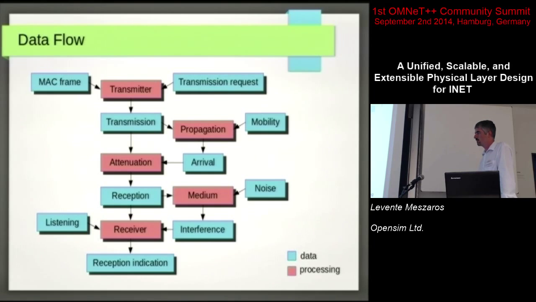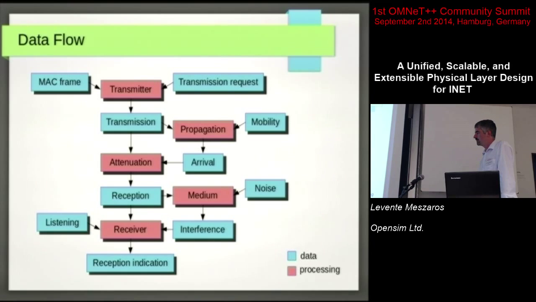Attenuation is basically this component combines all the power losses, path loss, and multipath components, and computes the reception that describes how the signal arrives at the receiver. It's an immutable data structure. It's independent of any other transmission that is put on the channel later on. Even if that future transmission would interfere with this reception, this is independent of that.